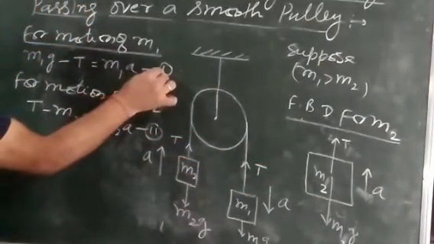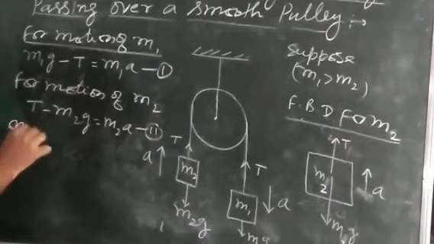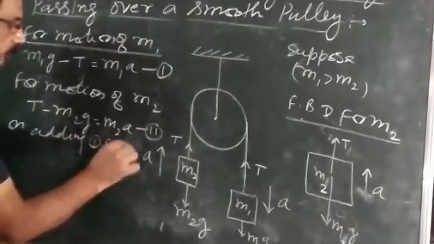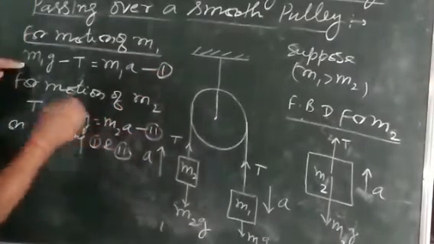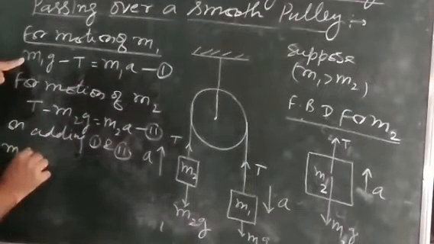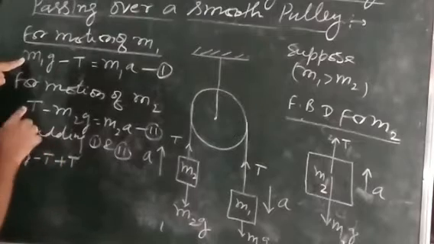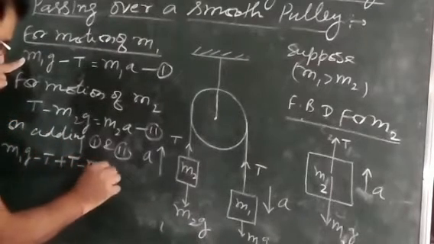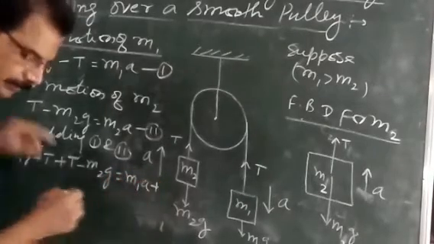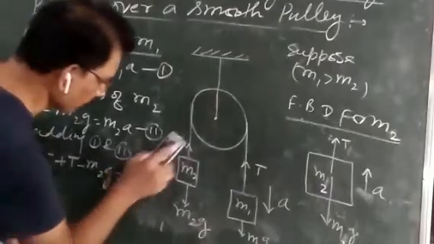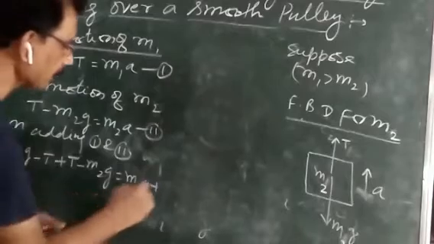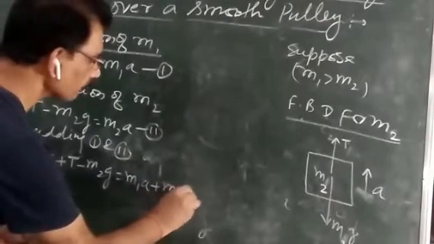And on adding equations 1 and 2, on the left hand side, add the total: m1g minus T plus T minus m2g is equal to m1a plus m2a.